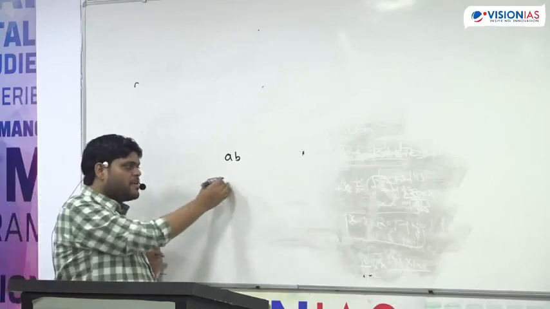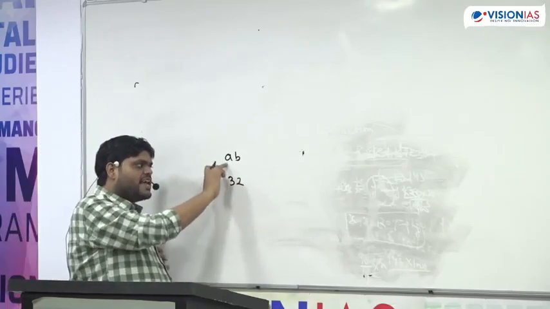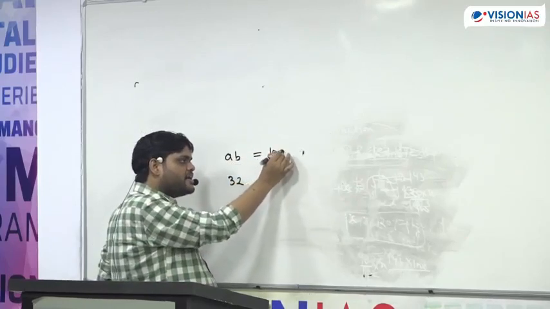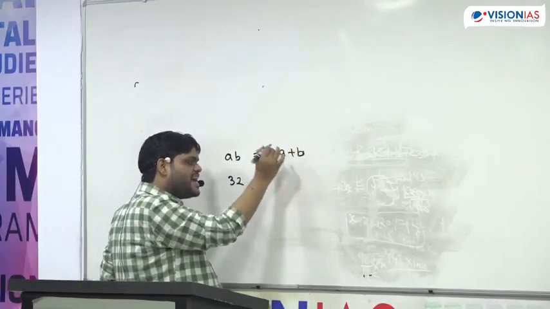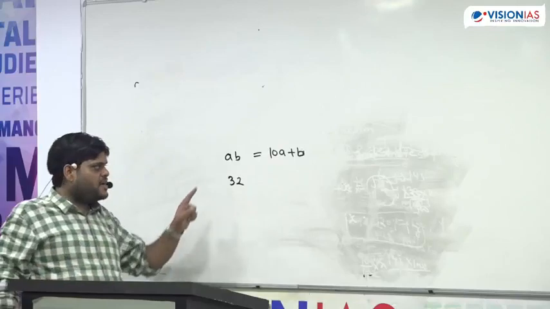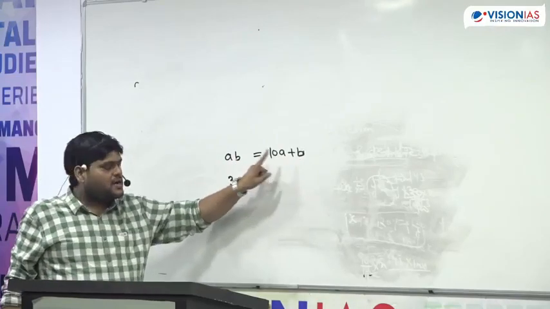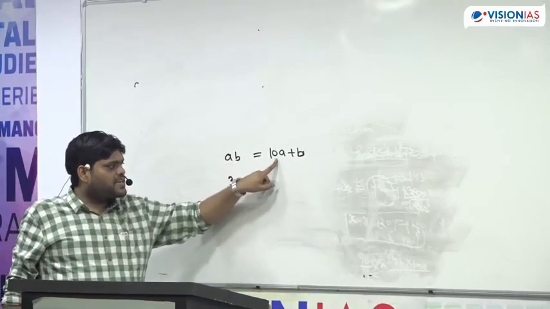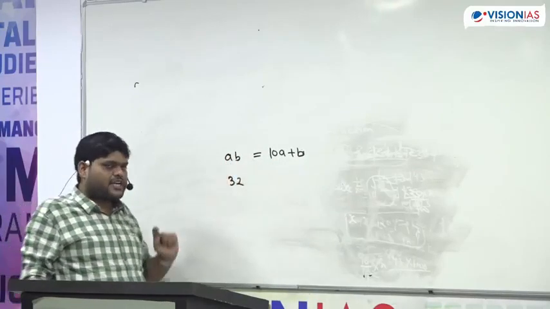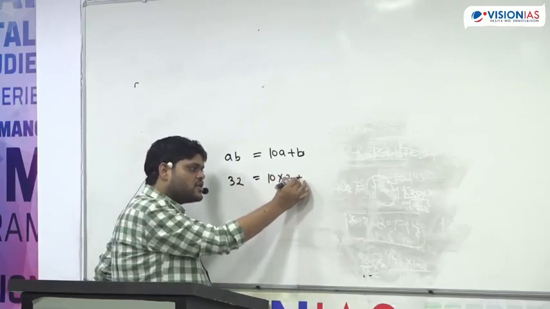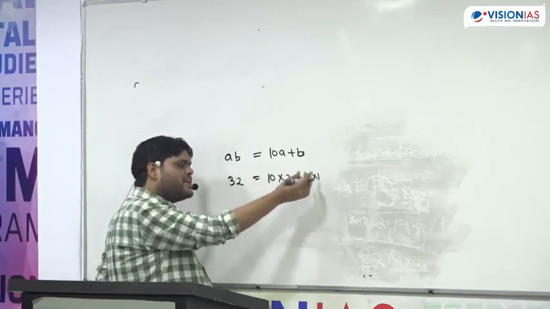Suppose the number is 32, we will never take it like this. We always take a two-digit number like this, 10a plus b. Why 10a plus b? Because this is the unit place, we multiply by 1. This is the 10th place, we multiply by 10. For example, how will we write 32? 10 into 3 plus 1 into 2.